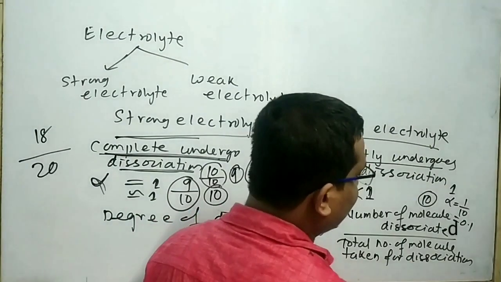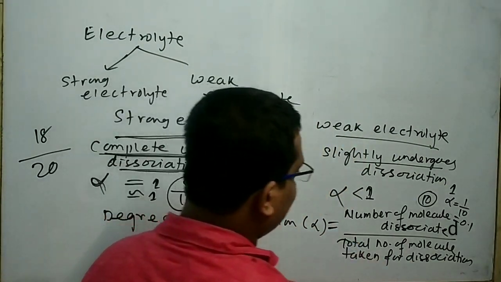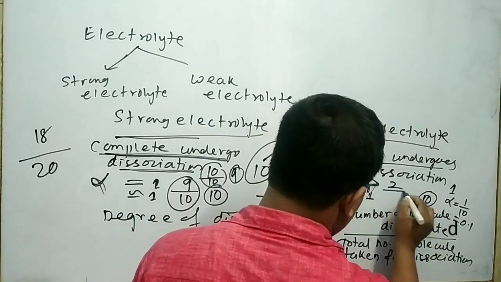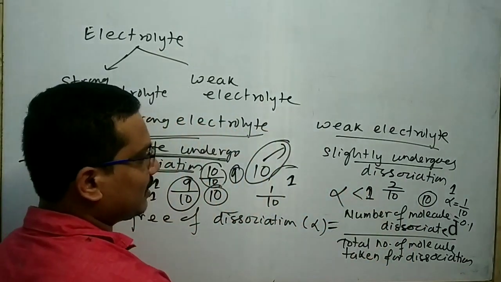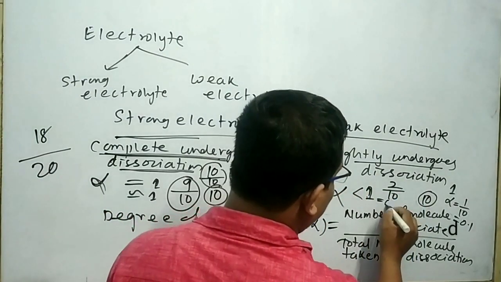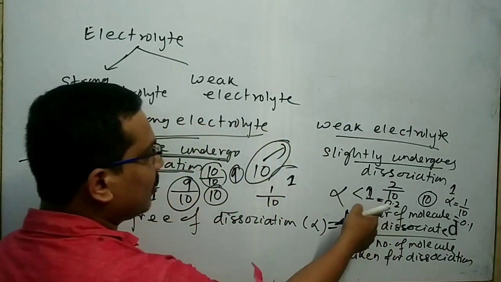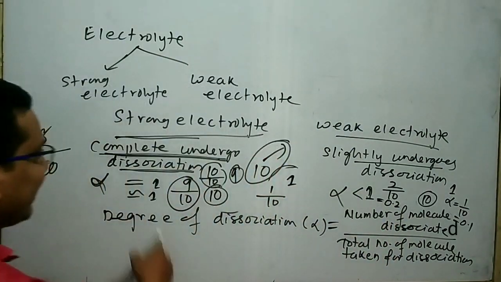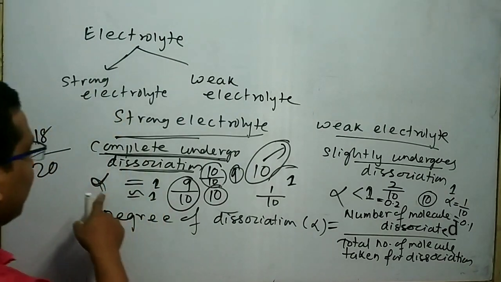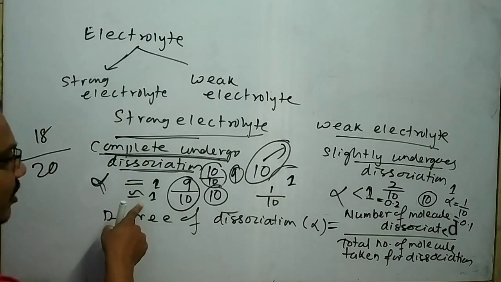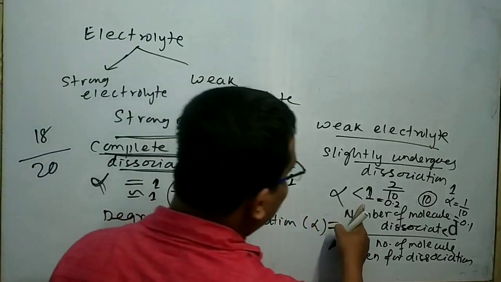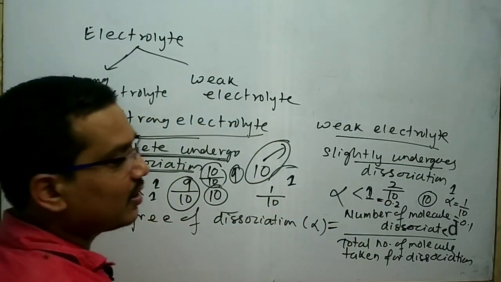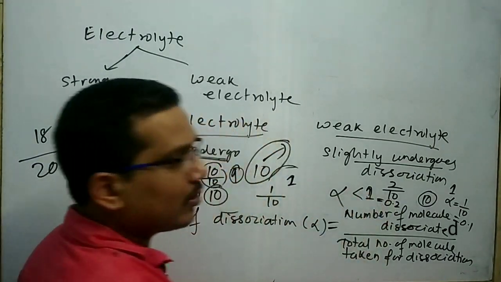If 2 molecules dissociate out of 10, alpha is 2 by 10, that is 0.2, which is also small compared to 1. So in a strong electrolyte alpha is 1 or nearly 1, and in a weak electrolyte alpha is very small compared to 1.